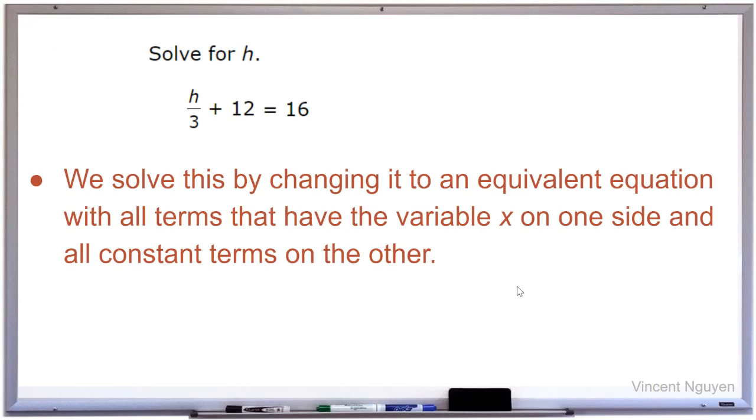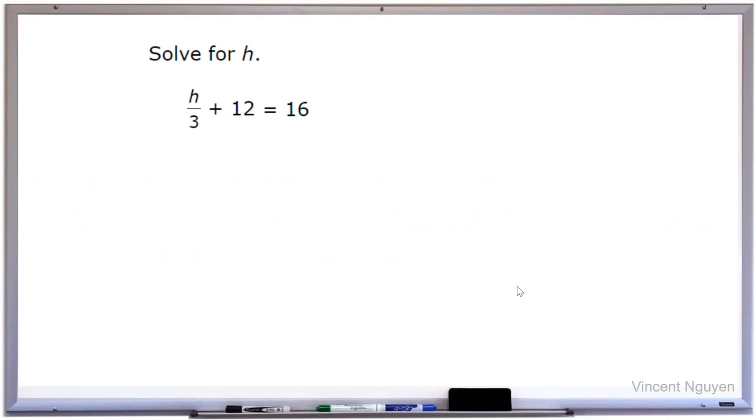With this given equation, to solve for h, we have to make sure that the variable is on one side of the equation and all of the constants are on the other side. Let's see how we're going to do this.